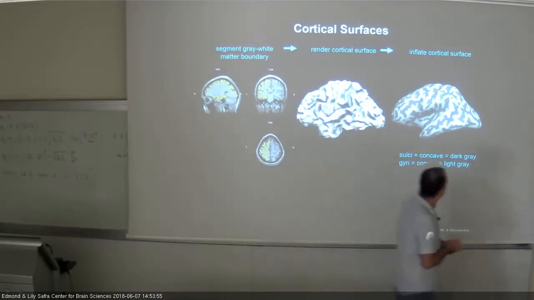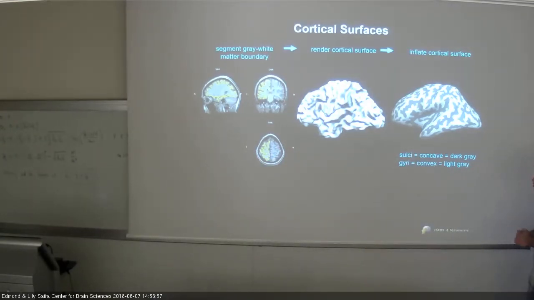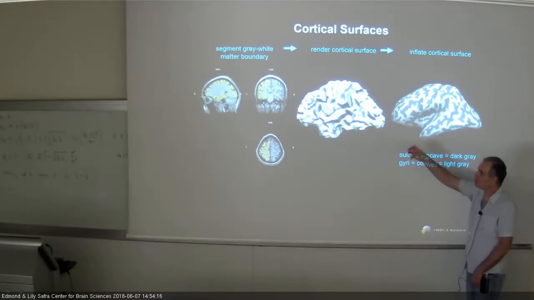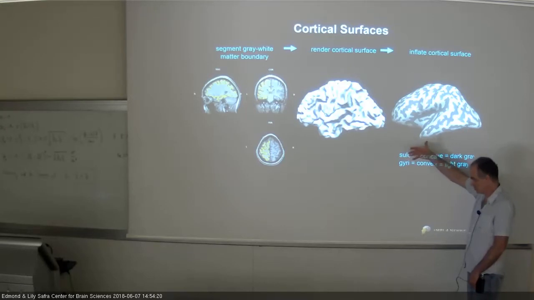The last thing you do in this pipeline is you don't have to do it. Usually you can do analysis in the volume space. These are the matrix of voxels that you basically collected, the data you collected, and you can take the gray matter here. Again, some by now standard algorithm inflates this brain.